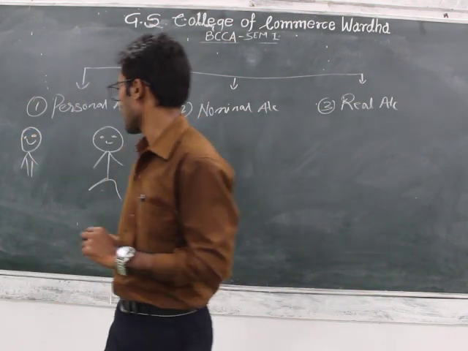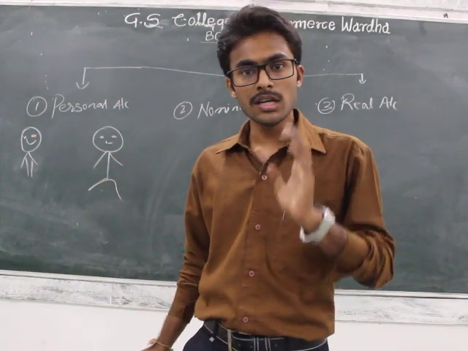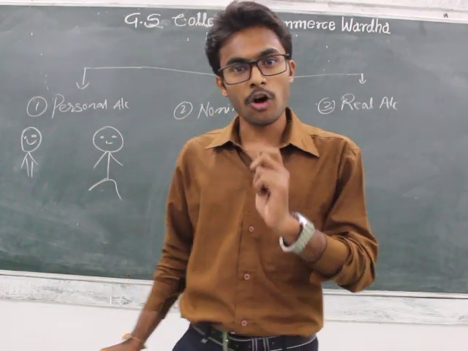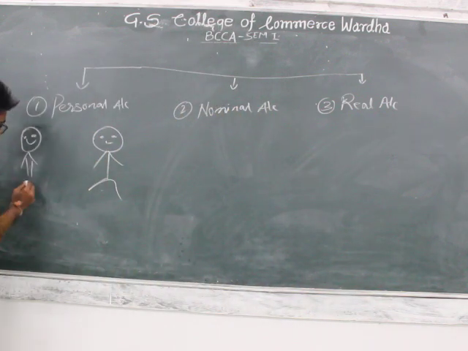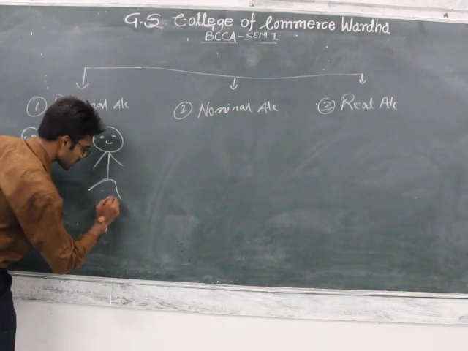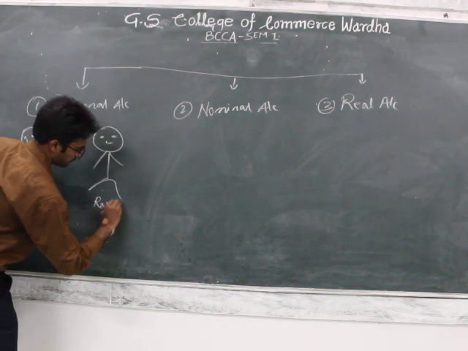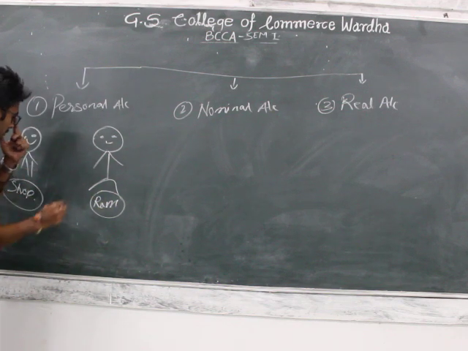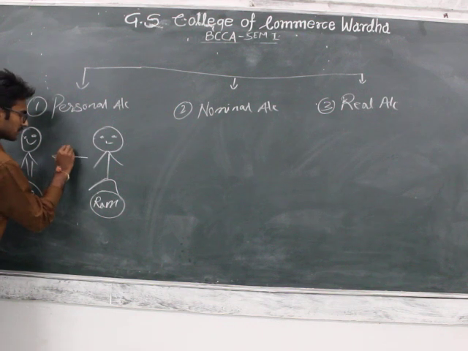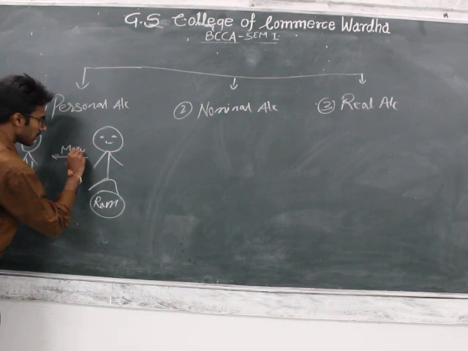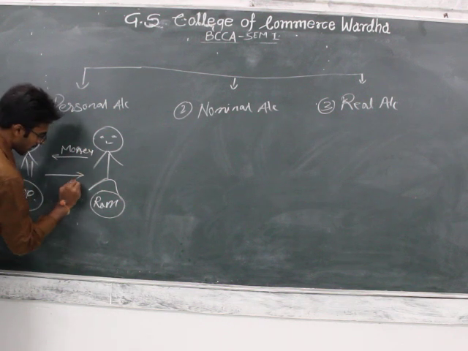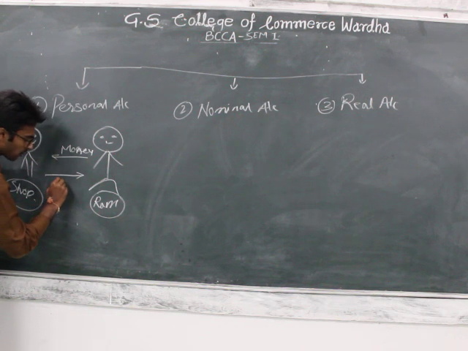Two persons. Let's have an example where you purchased an apple. You purchased an apple from a shopkeeper. This one is the shopkeeper and this handsome guy is you, named Ram. Here Ram will give money and the shopkeeper will provide Ram an amount of apples.